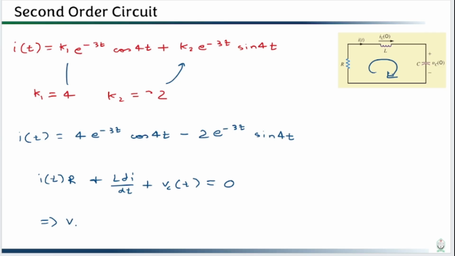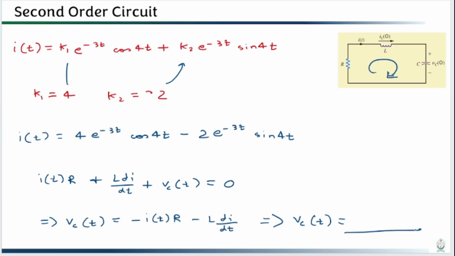Now Vc(t) equals minus i(t)R minus L di/dt, which will give the expression of voltage across the capacitor. That is a task given to you: you can calculate the expression for the voltage appearing across the capacitor. So that was the solution of the example that we tried to solve.